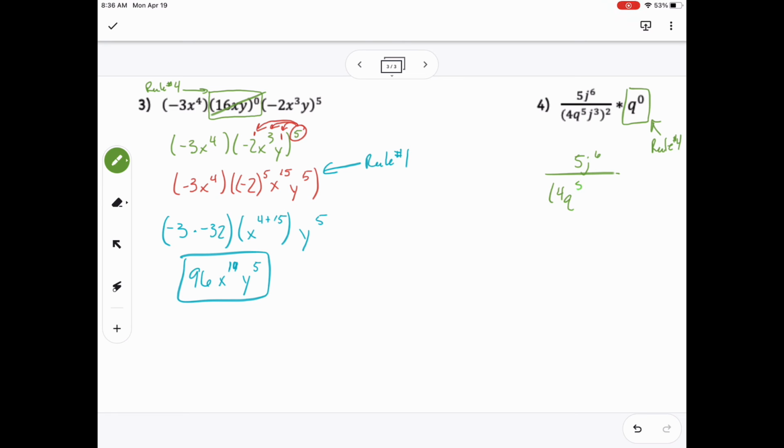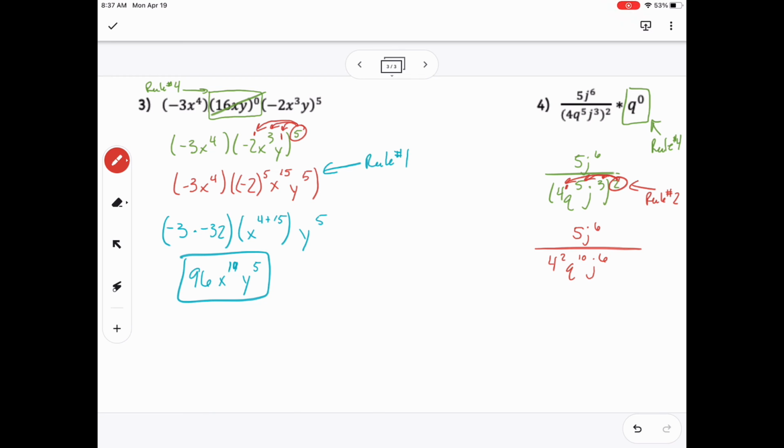So using rule number 2, we will distribute that 2 through to the cube of the j, the 5 of the q, and the 1 exponent for the 4.